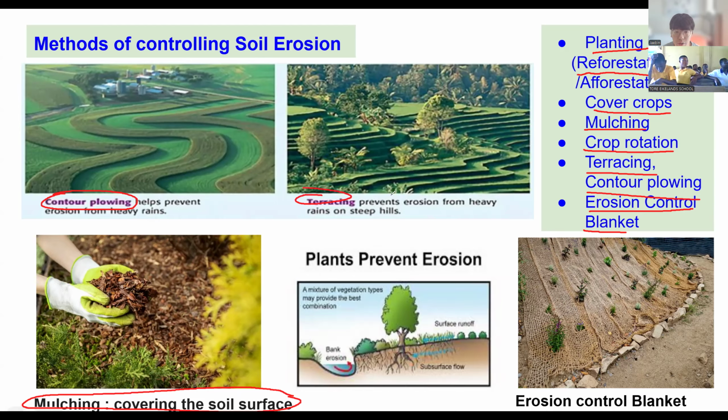Terracing too helps prevent erosion from heavy rains on steep hills by making this structure here. All of these are examples of methods of controlling soil erosion. You can do all of these to prevent soil erosion.